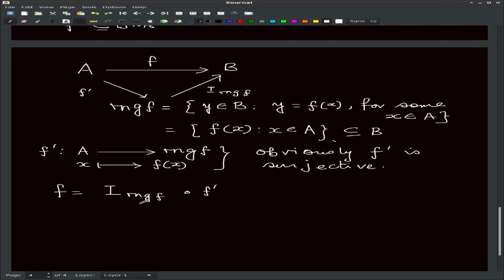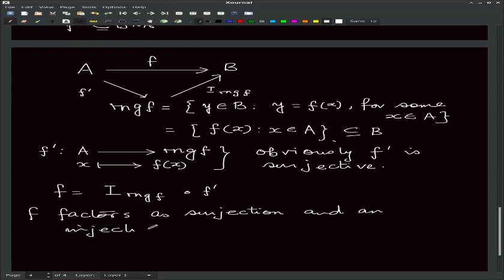So that means it is injection composed with surjection. So f factors as a surjection and an injection.